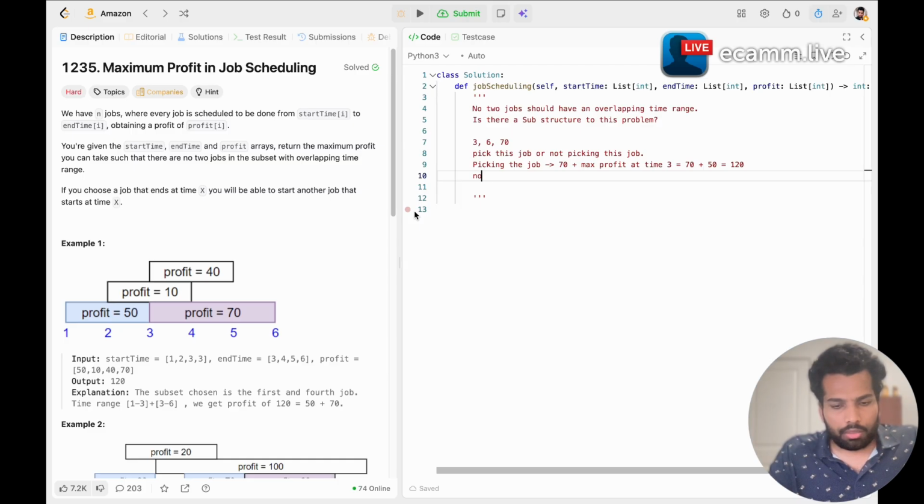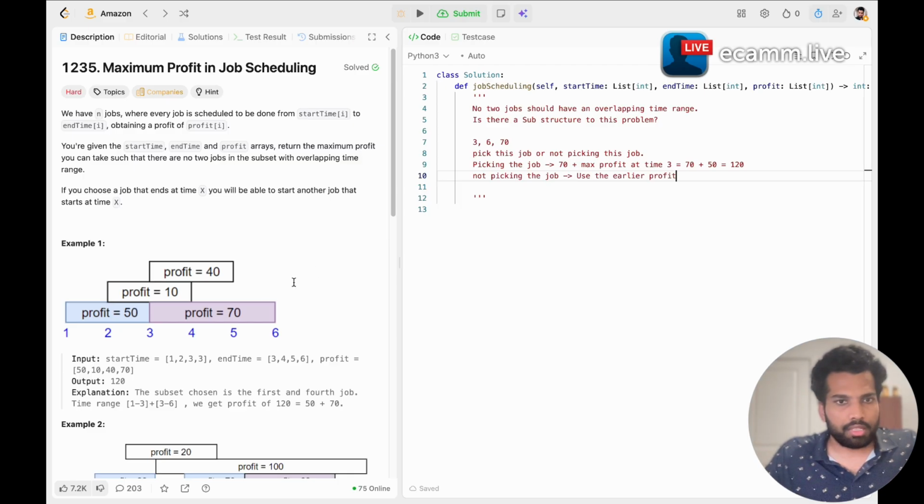If we do not pick the job, then what we are essentially saying is we will not be using this profit of 70, and we're okay with whatever profit was made earlier. So just use the earlier profit, whatever it is.